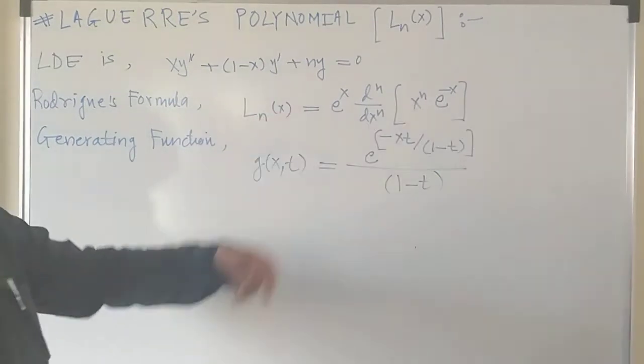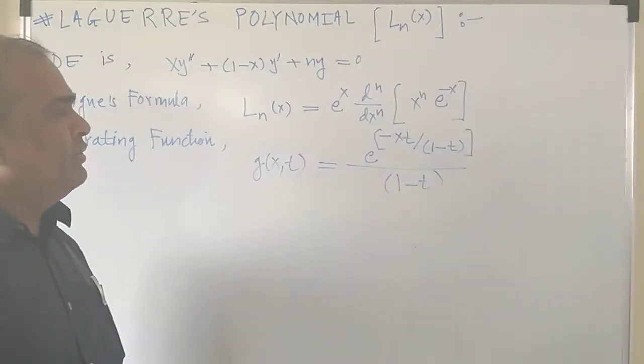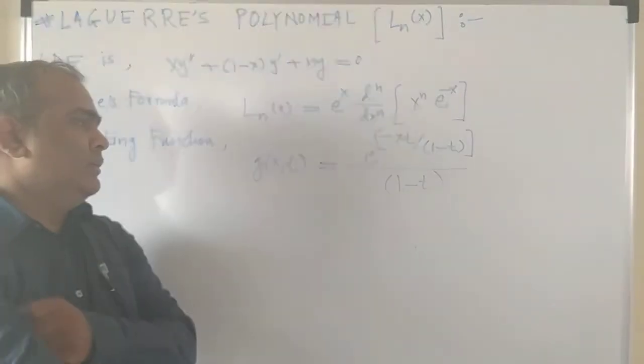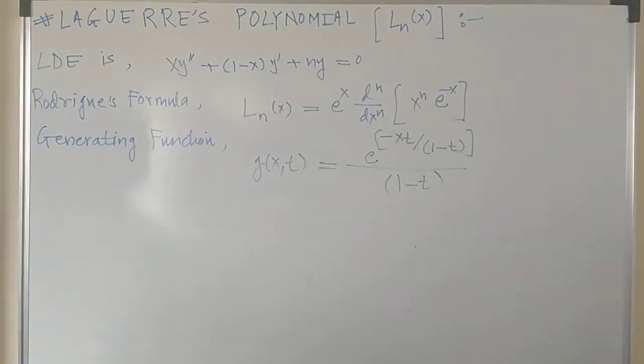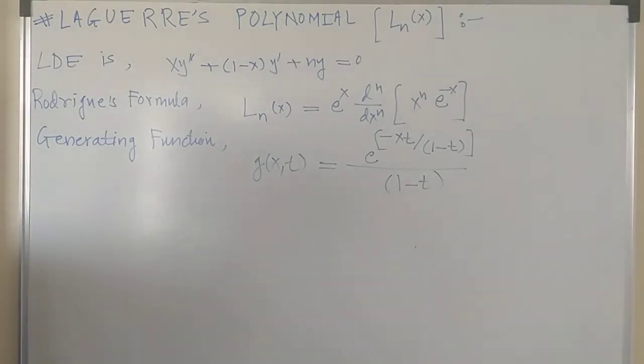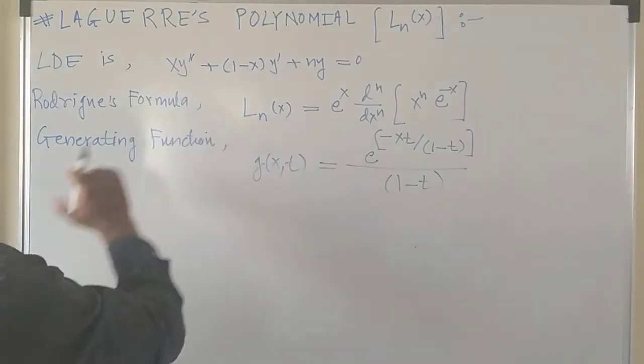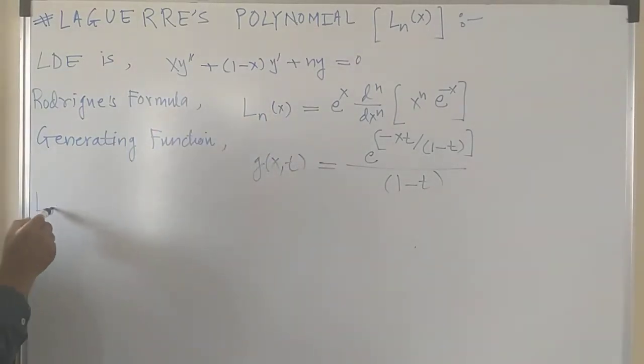If these things are known, let us obtain the first few Laguerre polynomials. To obtain them we need the Rodriguez formula. If you put n equals 0, you will get L naught of x.